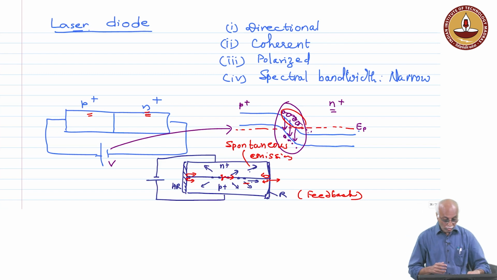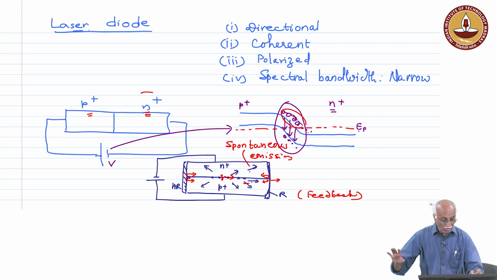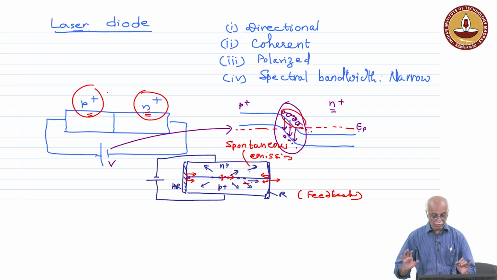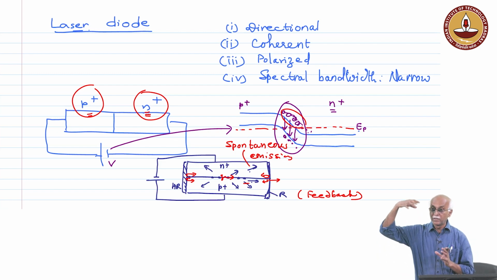So, feedback is provided by the mirrors, and the population inversion in the case of semiconductor material is based on doping concentration. Whenever there is a population inversion, it means a larger number of excited atoms.